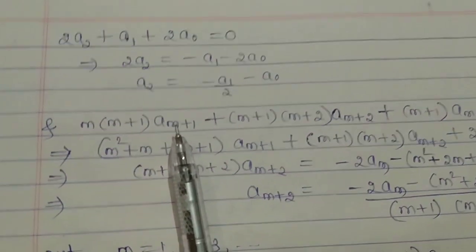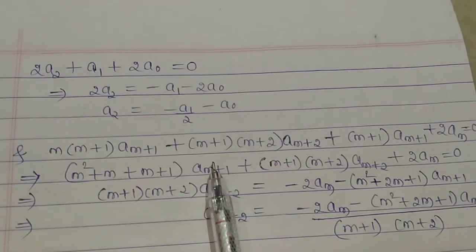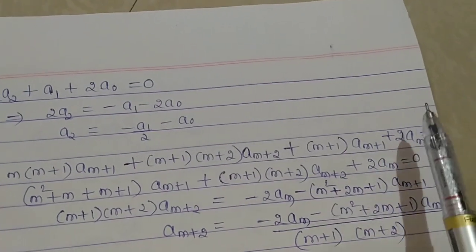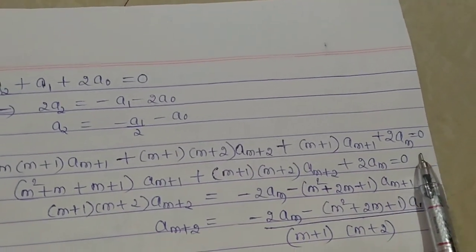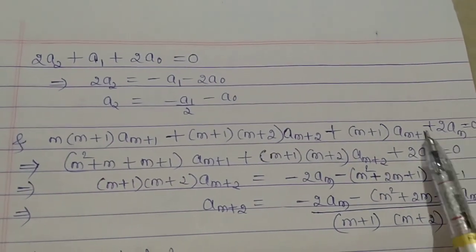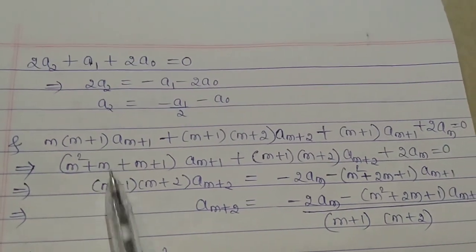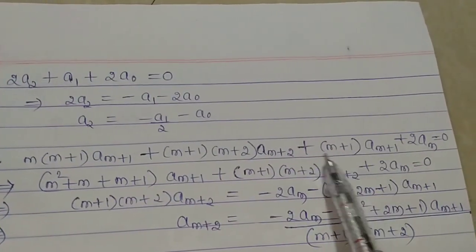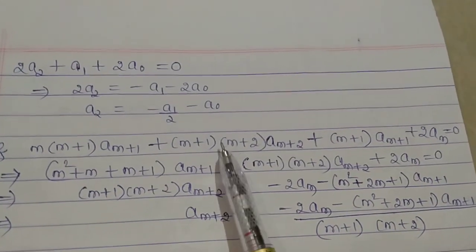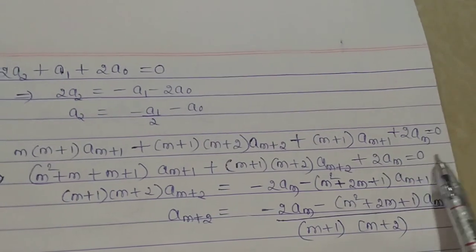The coefficients are (m+1)a_{m+1} + (m+1)(m+2)a_{m+2} + (m+1)a_{m+1} + 2a_m = 0. Consider here I have a_{m+1} and a_{m+1}, so I can write this as (m^2 + m) and here I have (m+1), the coefficients into a_{m+1}, and I will keep this as it is and this also as it is, and that is equal to 0.